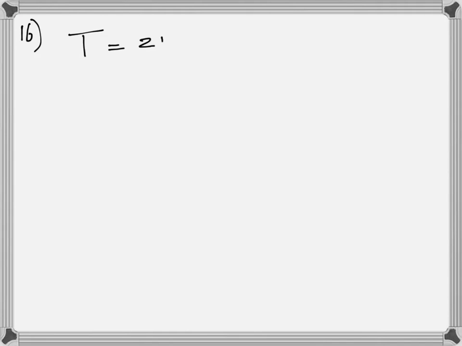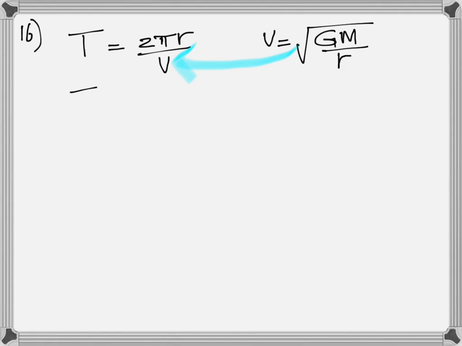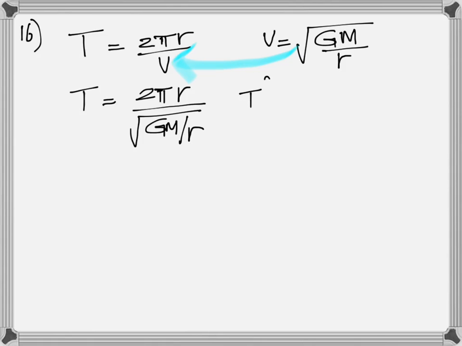It's a very important question again. T is 2 pi r by the orbital velocity, and that velocity is square root GM by r. I think that's on your formula chart. The orbital velocity formula is on your formula chart. So plug in that here and square both sides, because we want to get rid of the square root. So square both sides.